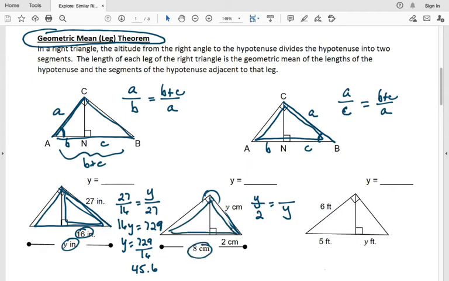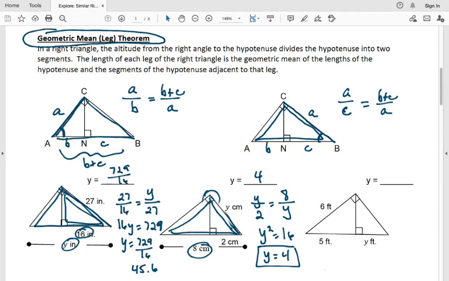And that whole length is 8 for that hypotenuse, so it's going to go here. So y times y is y squared. 2 times 8 is 16. Take the square root of both sides and you get that y equals 4. So that would be the answer for this one. I'm going to leave this one as 729 over 16.